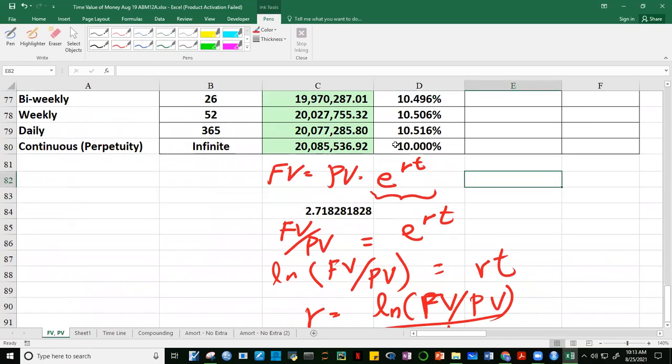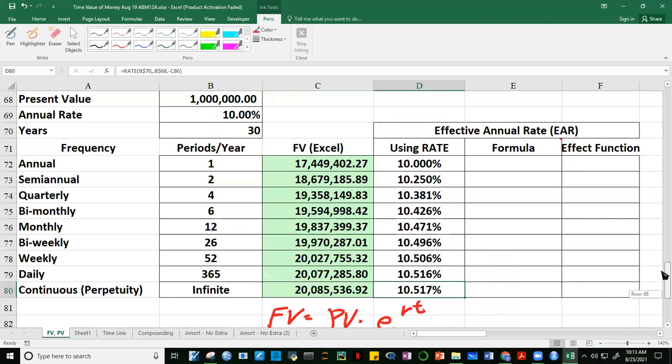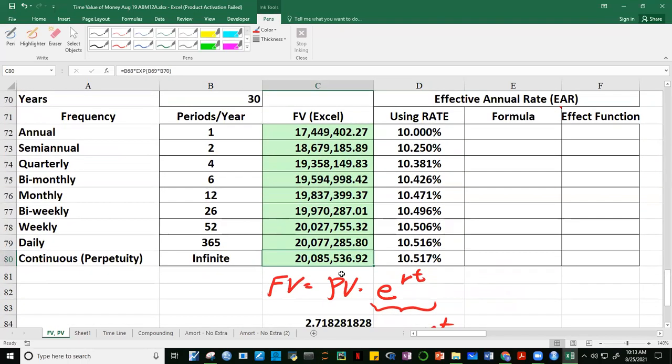Okay. Wait. Hindi, pareho lang. Sorry ah. Guys, my apologies na I got confused with the continuous, no? My bad. So we can just drag this formula. Okay? Kasi gusto lang naman natin malaman kung magkano yung rate kung ang present value natin 1 million tapos ang future value natin 20,085. Sorry, I got confused here. So the answer, guys, is we can just drag everything.